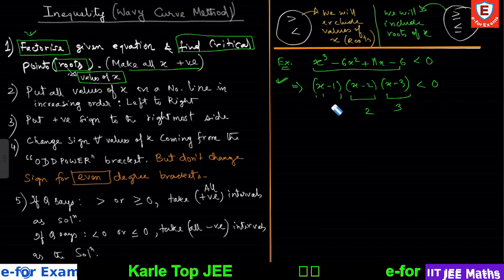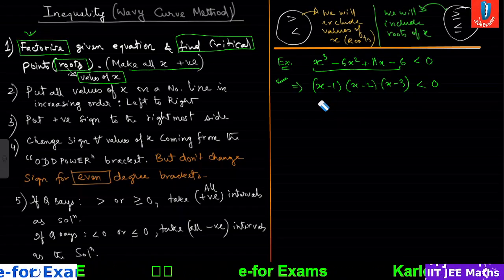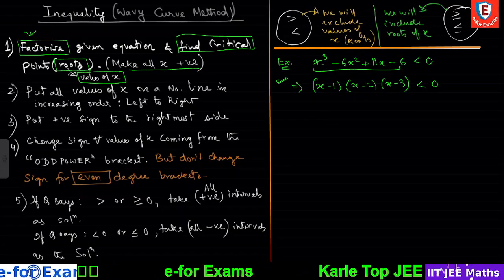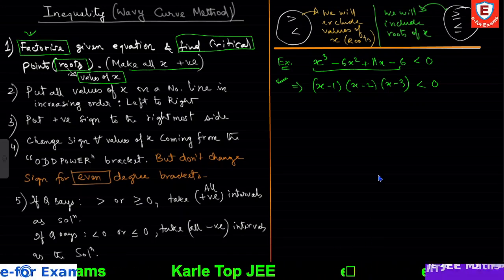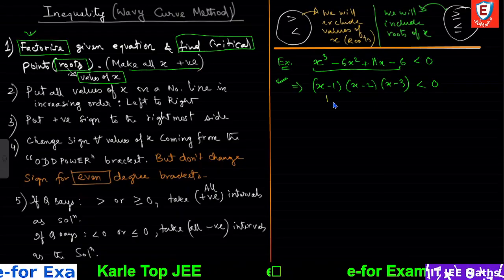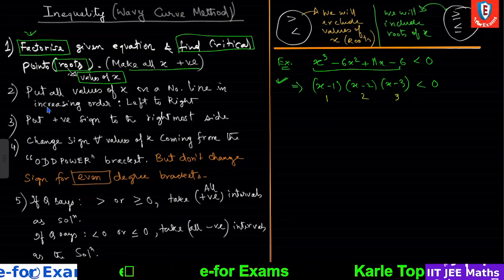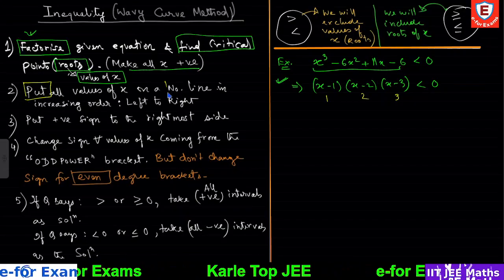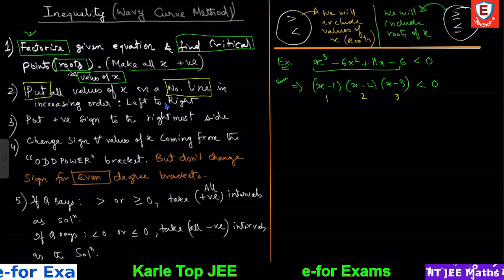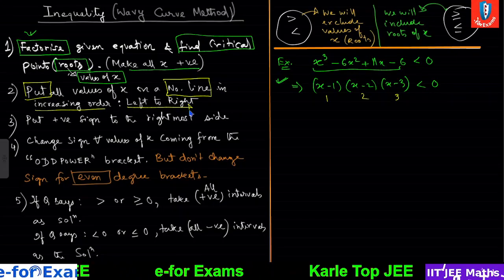So step number 2: put all the values of x. Here it is 1, here it is 2, here it is 3. Put them on a number line in increasing order from left to right.